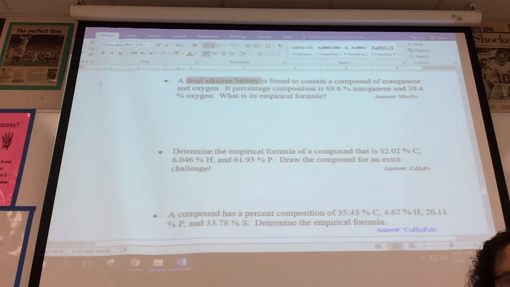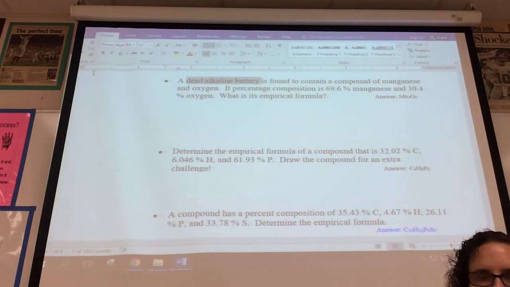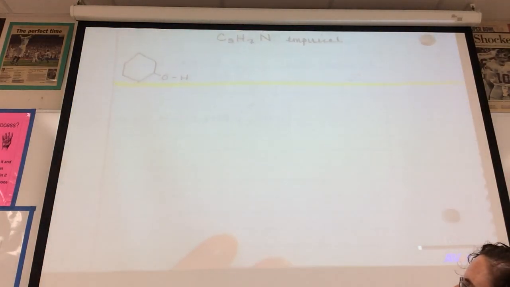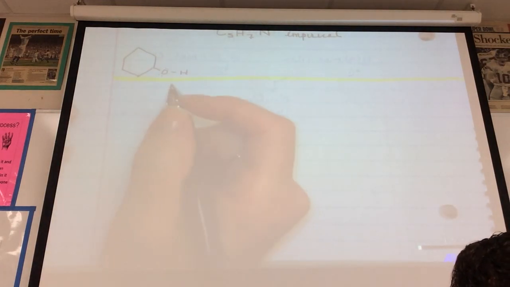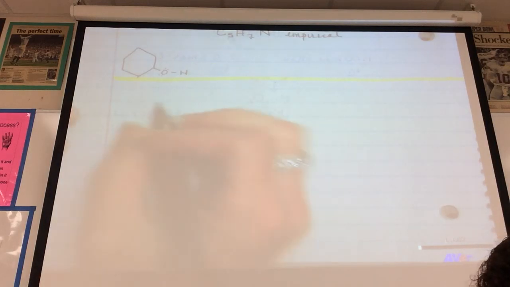We want its empirical formula. We're going to process this the same way, but when you divide by the smallest number, you're going to see you don't get whole numbers out.